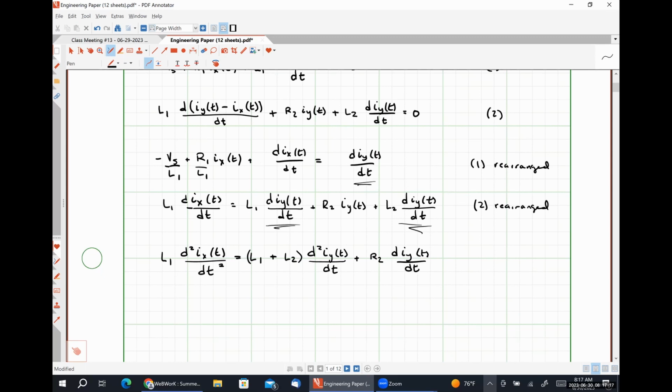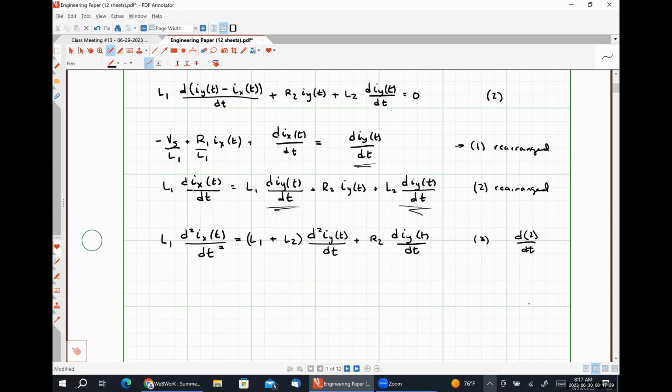And I can get the second derivative of Iy just by taking the derivative of equation 1. So let's call this guy 3, and this was simply the derivative of 2 with respect to time.